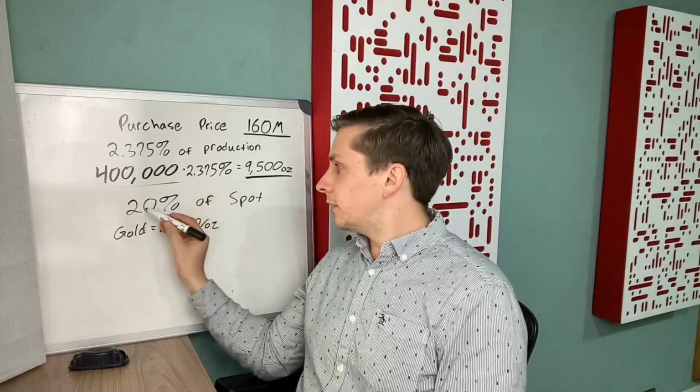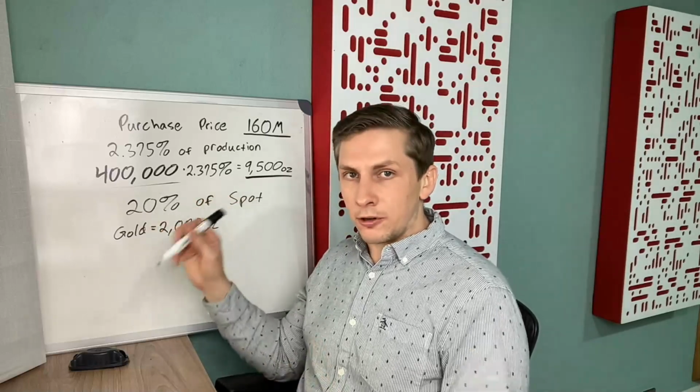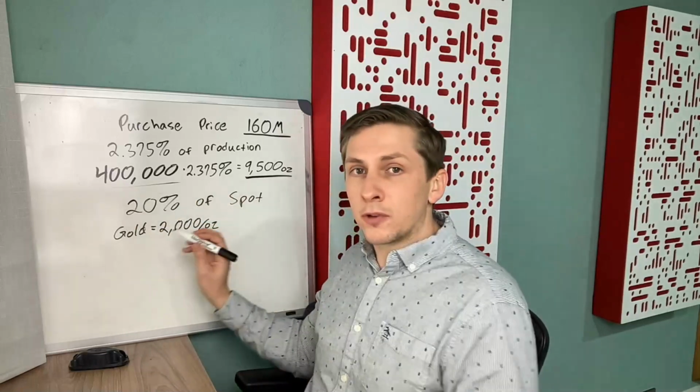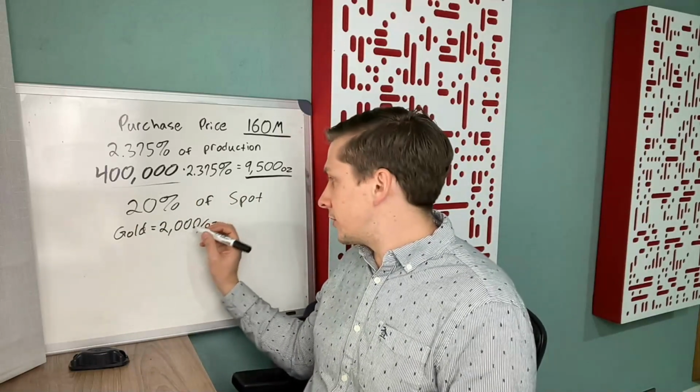As part of this streaming deal, for every ounce of gold that Sandstorm receives, they have to pay the operator 20% of the current spot price. So for this example, let's say that the average price of gold is $2,000 an ounce.